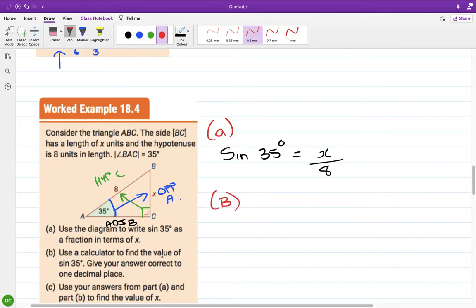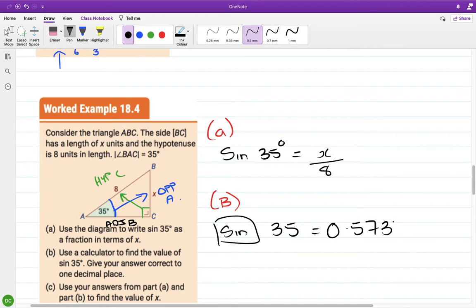Okay, use a calculator to find the value of sine 35. So to do that, you press the sine button on your calculator and you type in 35. Press equals, and this is what I'm getting, 0.573576, and it goes on. And they want us to give our answer to 1 decimal place.